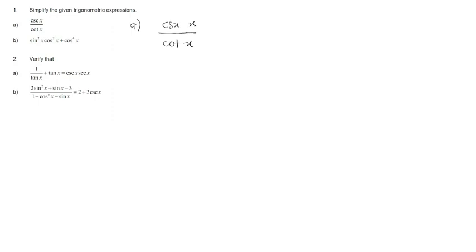Since we want to simplify this expression, we remember cosecant x is equal to 1 over sine x, and cotangent x is equal to cos x over sine x. So as we simplify, we will get 1 over cos x, or in simplified version, this is equivalent to secant x.